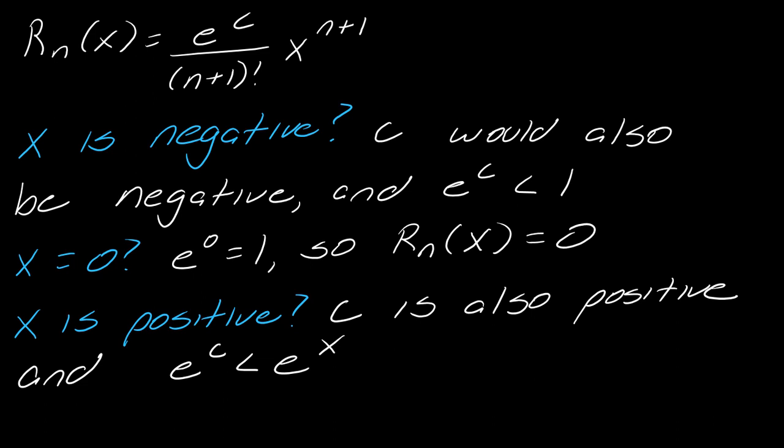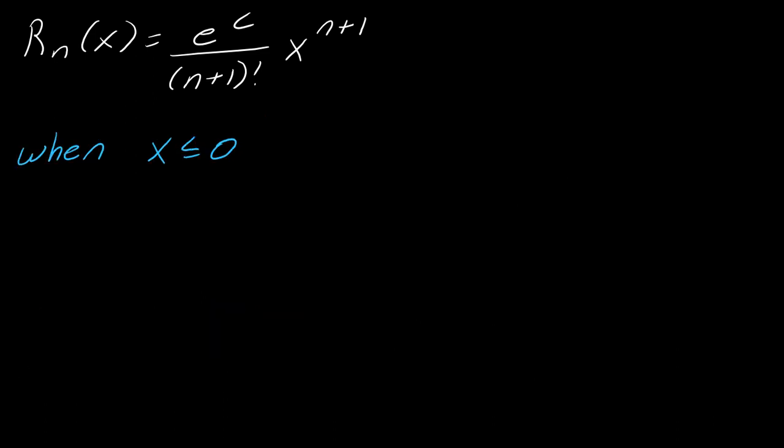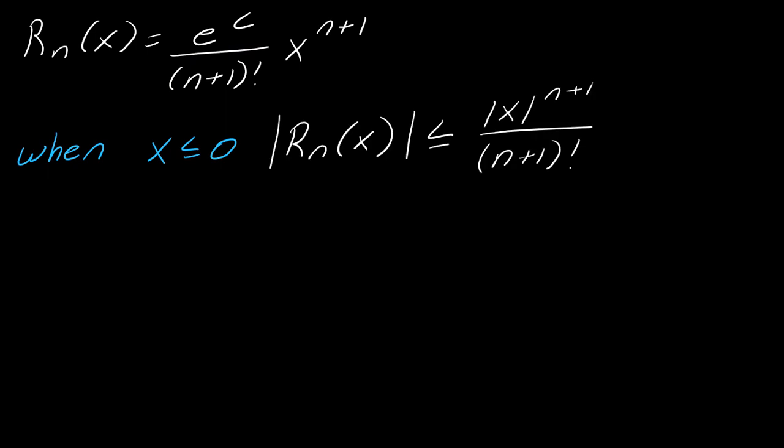And I don't have to know exactly what the value of c is to figure out what this error actually is. So let's pretend for a second that x is some number less than 0. What can I say about the value of the error? Well, remember, if x is something less than 0, then we said that e to the c is going to be some value less than 1.